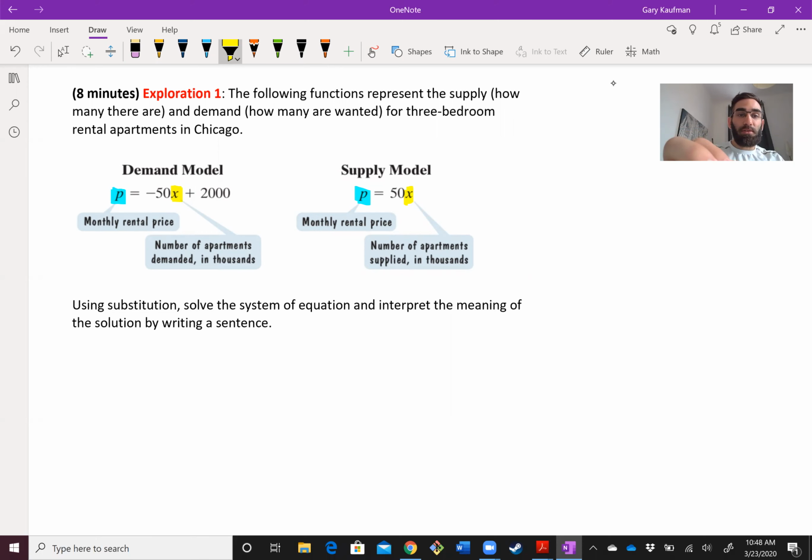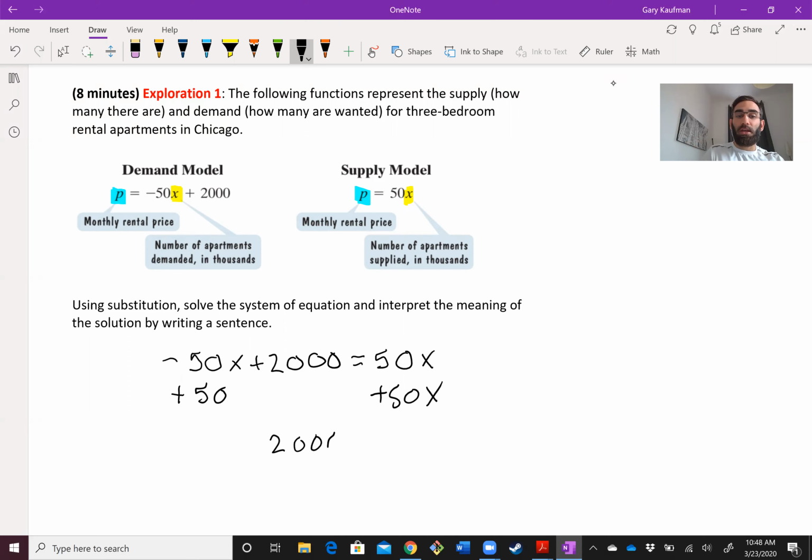Since we use substitution, we've actually solved both of them for P. So we can say negative 50x plus 2000 is equivalent to P, and P is also written as 50x. I can then add 50x to combine like terms, get 2000 equals 100x, divide by 100, and get x equals 20.